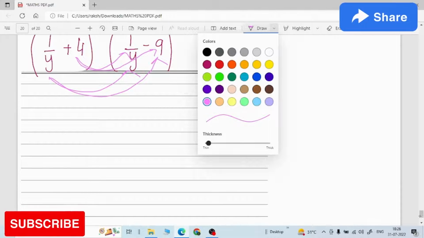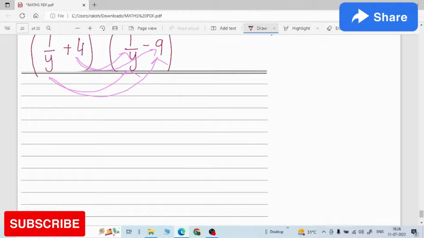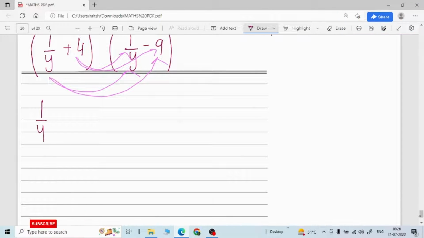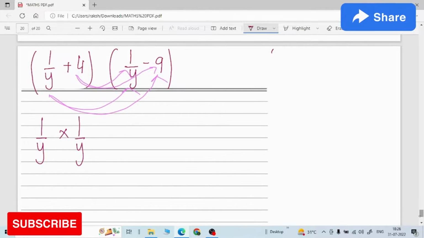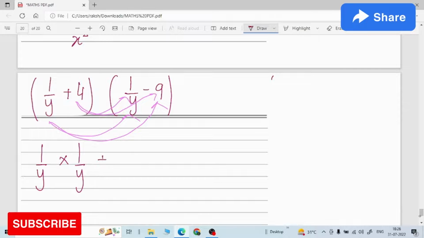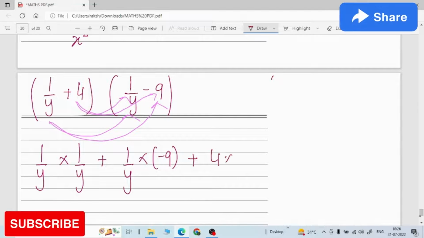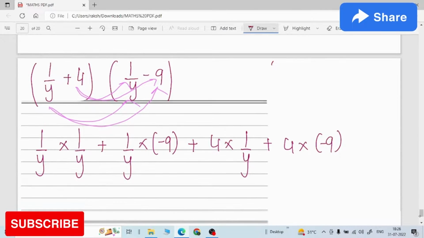Okay, so let's start solving. 1 upon y into 1 upon y plus 1 upon y into minus 9, plus 4 into 1 upon y plus 4 into minus 9.